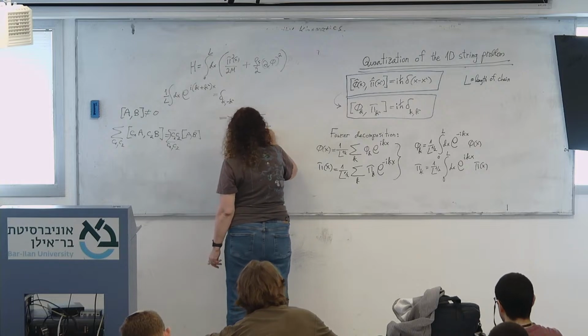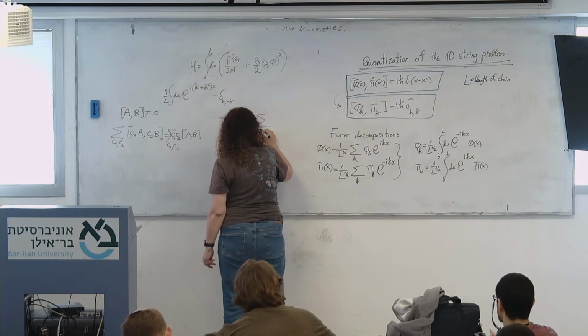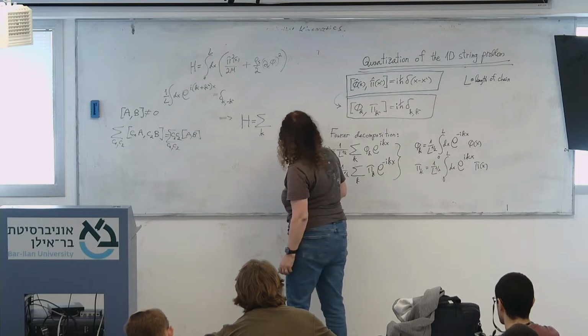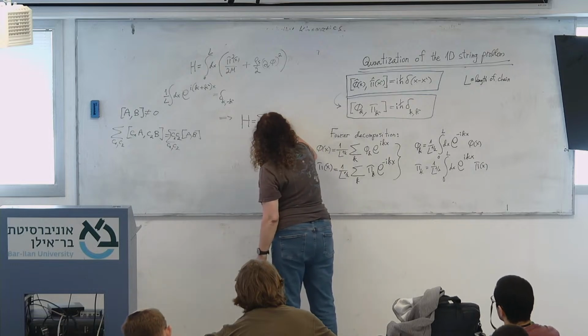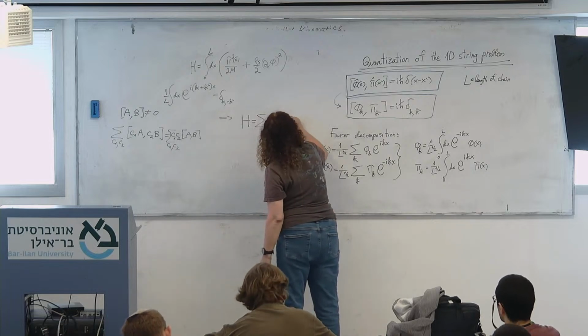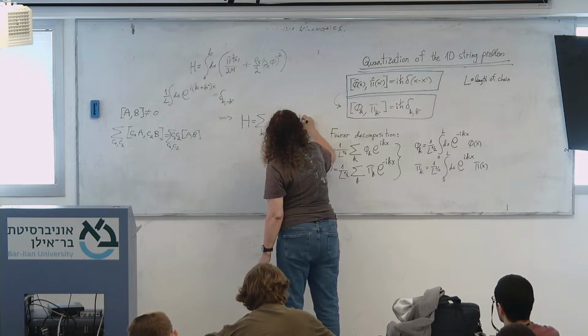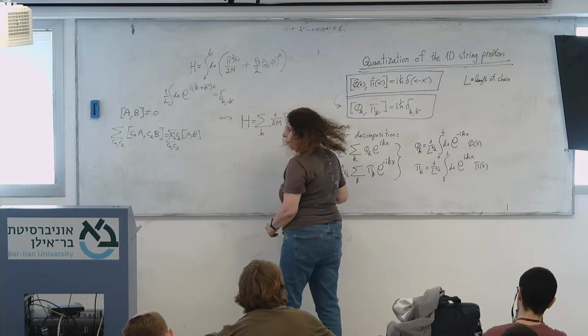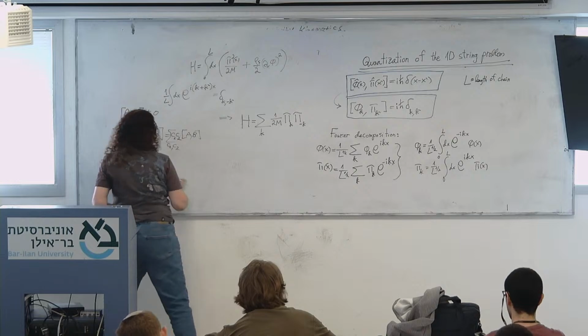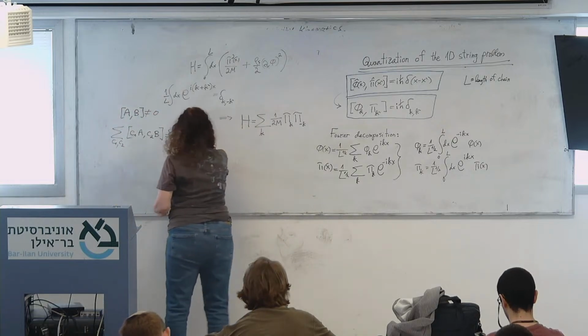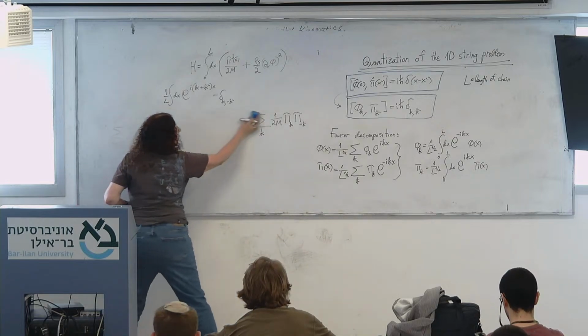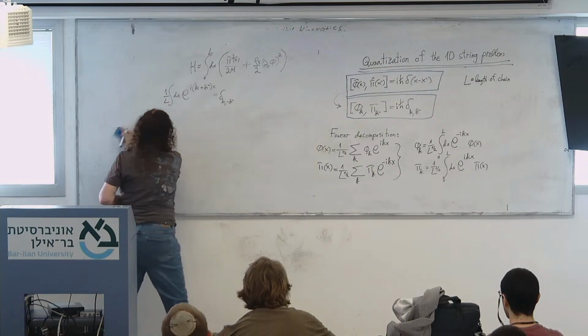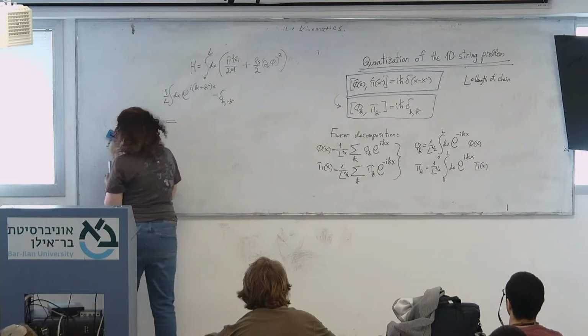It's a single sum over k of 1 over 2m pi k pi of minus k, and okay, sorry, we write it more nicely. Sorry, I'm just repeating.